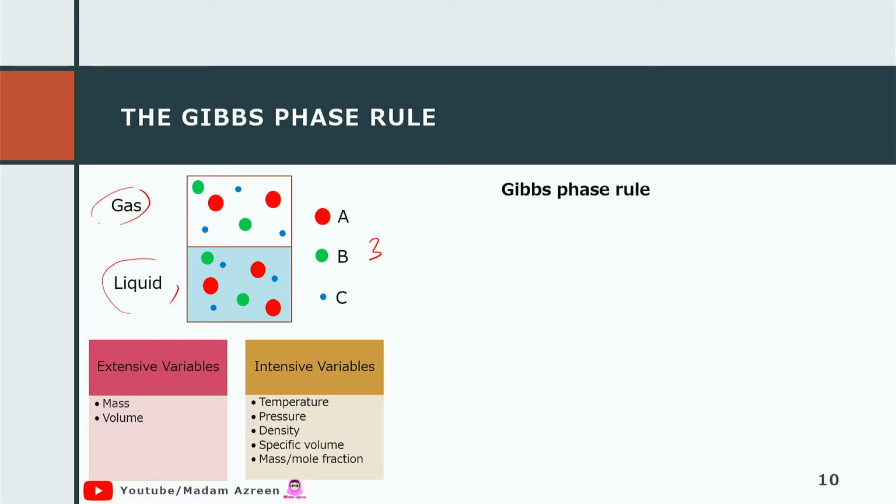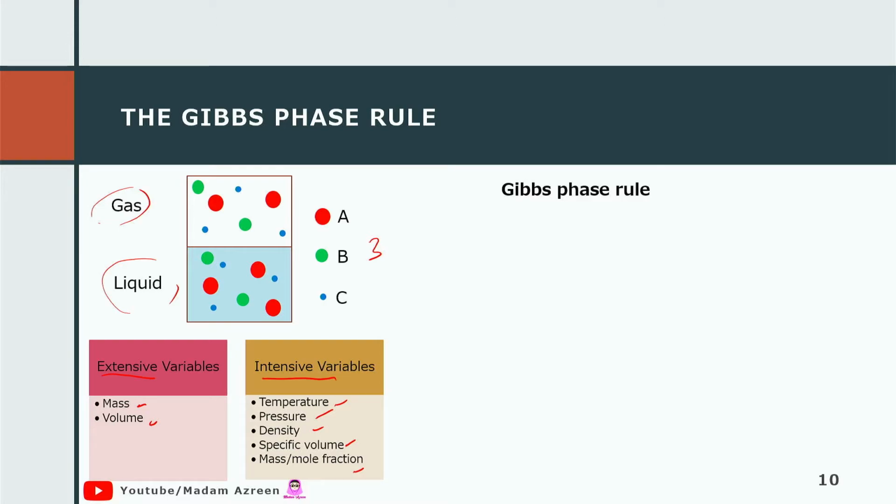The extensive variables depend on the size of the system. Just two: mass and volume. For the intensive variables: temperature, pressure, density, specific volume, and mass and mole fraction. This intensive variable is the variable that we always consider.